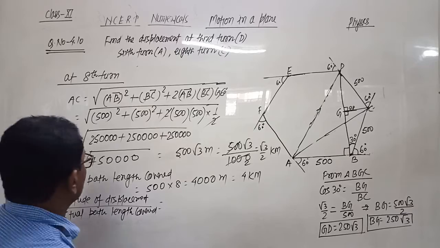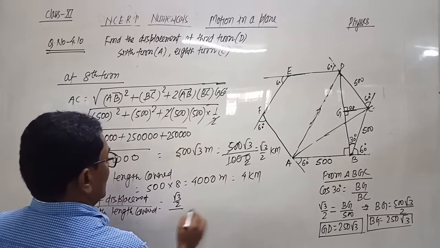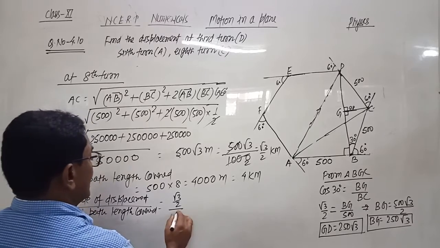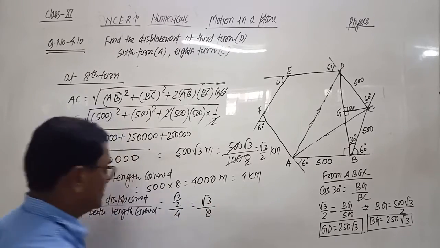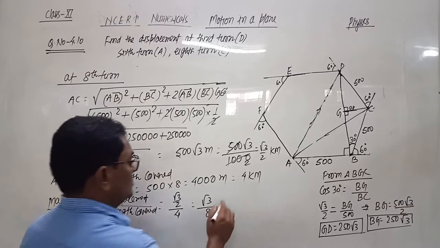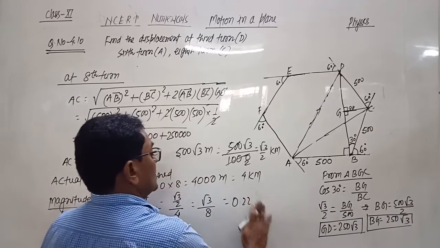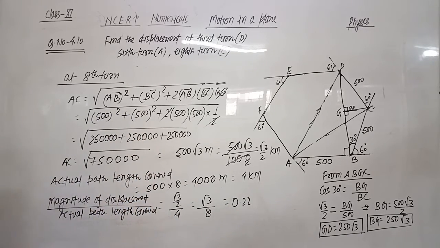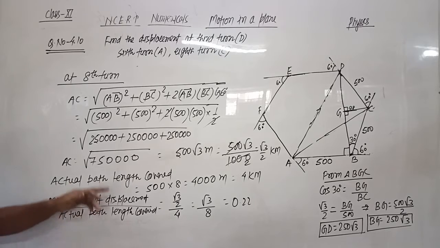The magnitude of the displacement is root 3 by 2 kilometer and the actual path length is 4, so we get root 3 upon 8. This is the ratio, root 3 upon 8, which is approximately 0.22. So this is the displacement and actual path length covered at the 8th turn.